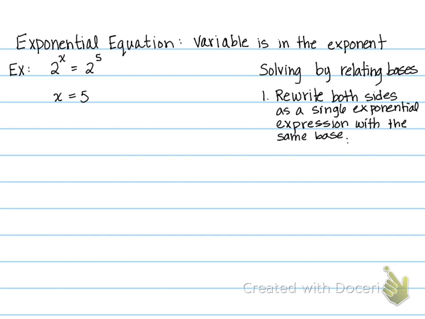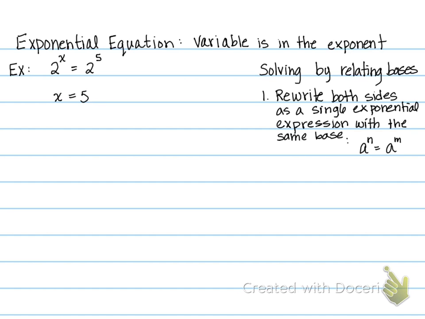So in other words, like a to the something equals a to the something else. There can't be anything else going on outside of the exponential expression. It can't be like a number times a to the n equals a to the m. The entire left side has to be a raised to some power, and the entire right side has to be a raised to some power, whatever a happens to be. So that's why there's limitations to using this method, is that not all equations can be written that way.